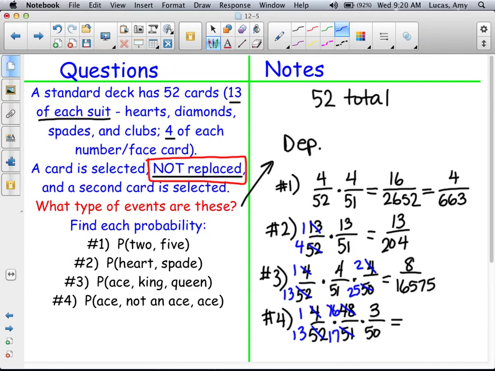And then 16 divided by 2 is 8. 50 divided by 2 is 25. So it looks like I've got 24 in my numerator, and my denominator is going to be a large number again. 5525. Okay.